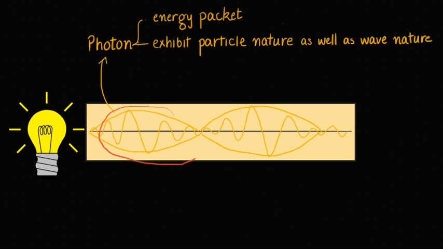This photon exhibits your particle nature as well as your wave nature, which we'll discuss in more detail in our upcoming classes. For now, you can only consider this as your energy packet. It can show the particle nature just like your ball. Similarly, it can also show the wave nature.